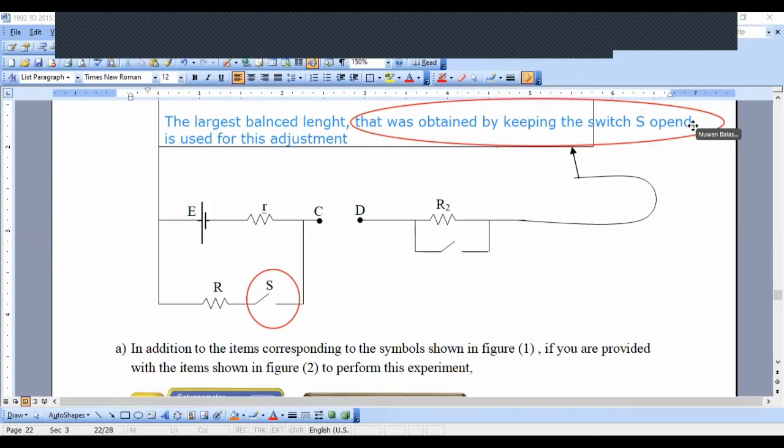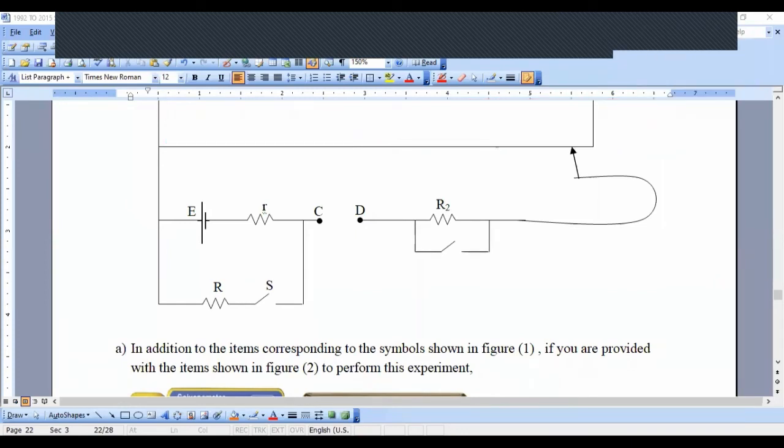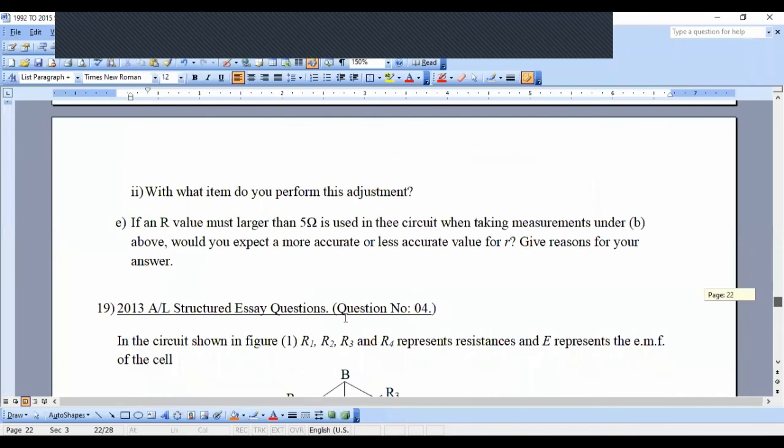We must give the reason, because they have asked for a reason.